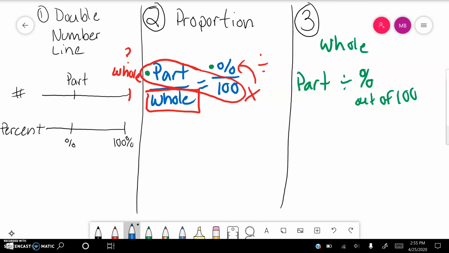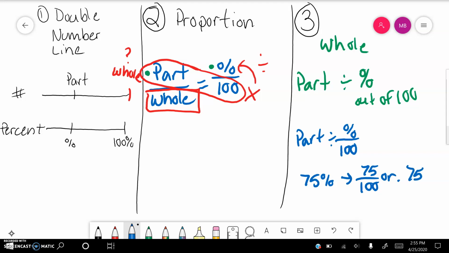So you're going to do whatever number your part is divided by the percent divided by 100. So don't use the whole value. If it's 75%, you're going to use 75 out of 100 or 0.75. So make sure that you're using that form, the decimal form, in here.